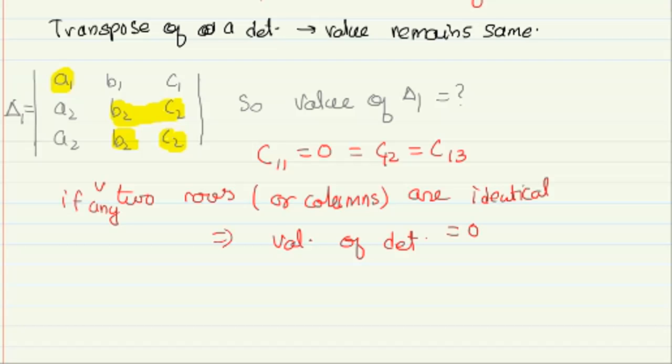Understood? It can be of order 4, order 5, 6, or any order. It is not only for order 3. So this is the second property: if any two rows or columns are identical, then the determinant value is 0.